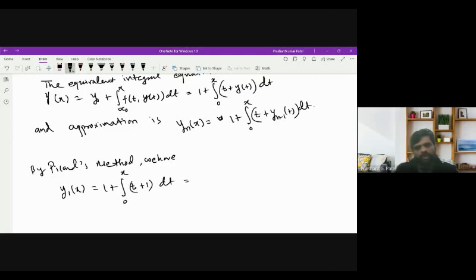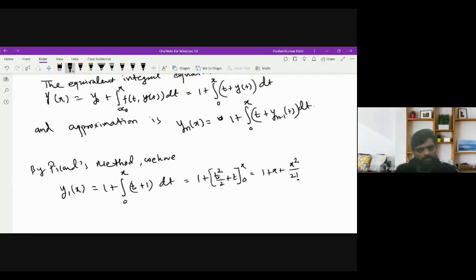If you integrate this, it is 1 + [t square by 2 + t] from 0 to x, so it is 1 + x + x square by 2 factorial.